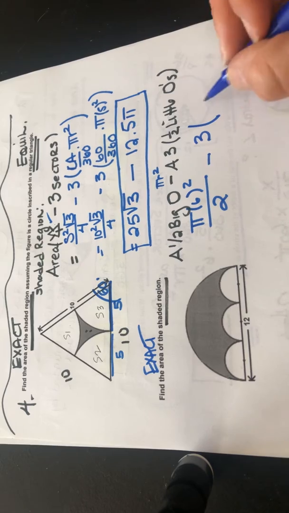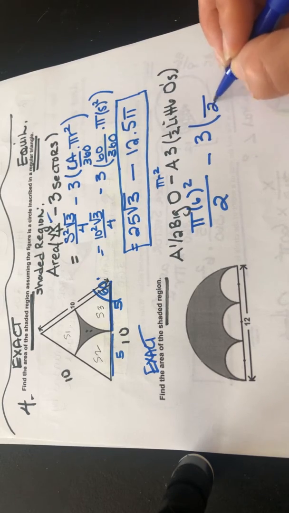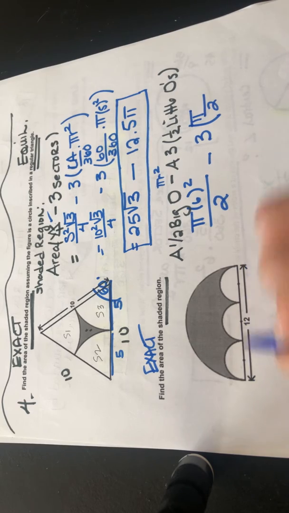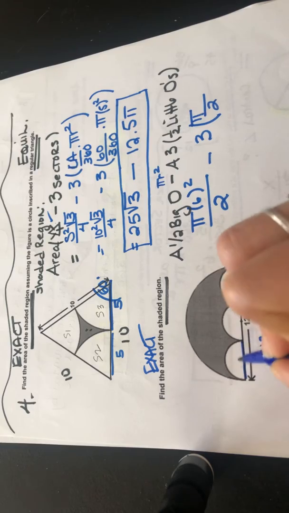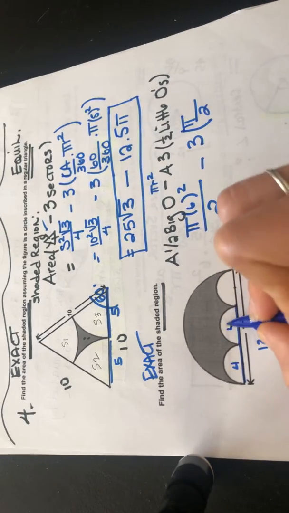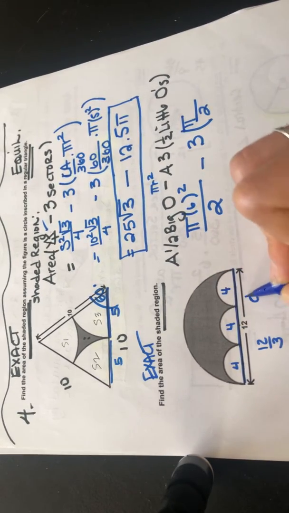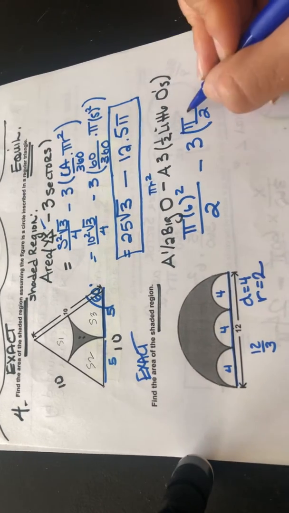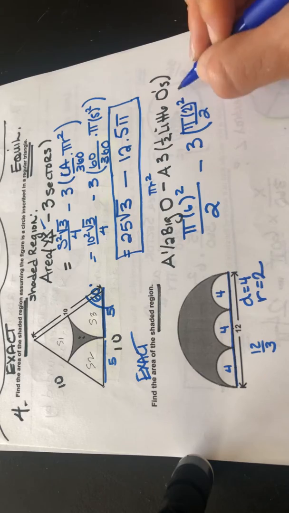Now we want the little circles. And I'm again putting it over 2 because I only want half. So if the whole thing is 12 and we have 3 of them, we all know 12 divided by 3, so each one's diameter is 4. So if the diameter of the little guys is 4, you all know the radius is 2. So we got 2 squared.